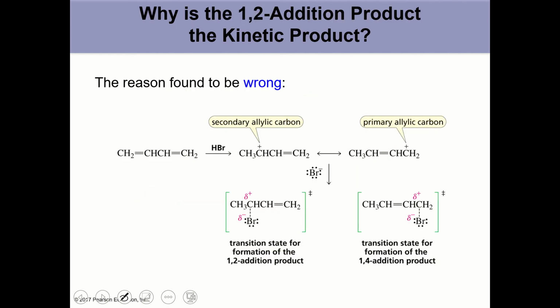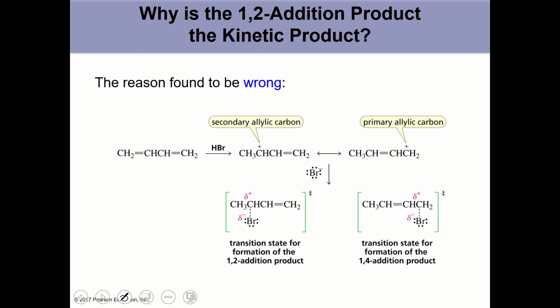Okay, so the transition states are not the reason, or secondary allylic cation to primary allylic cation is not the reason that the 1,2 product forms more rapidly.